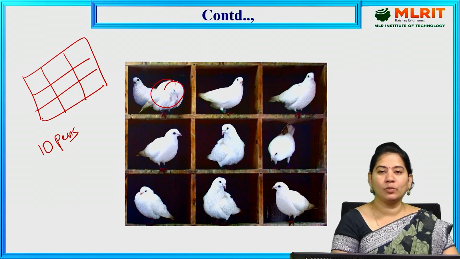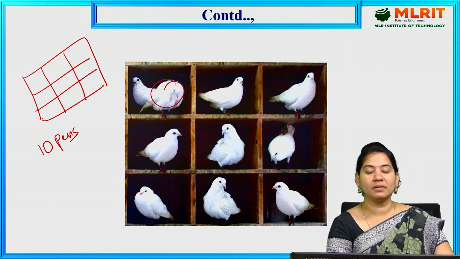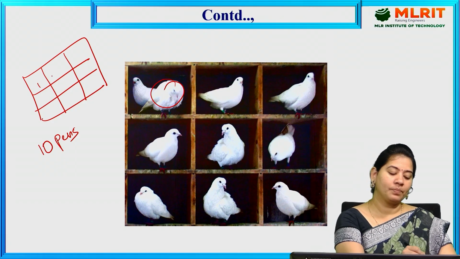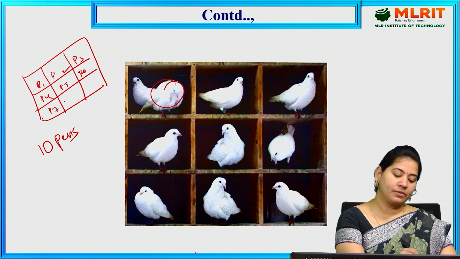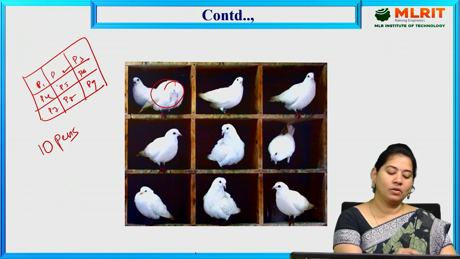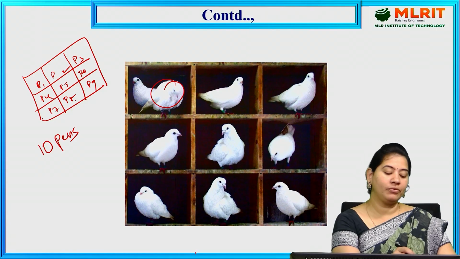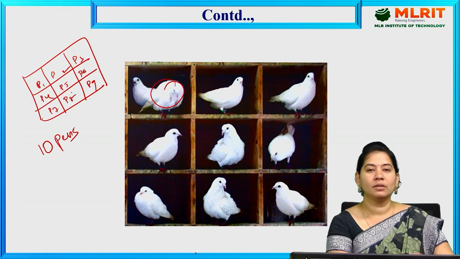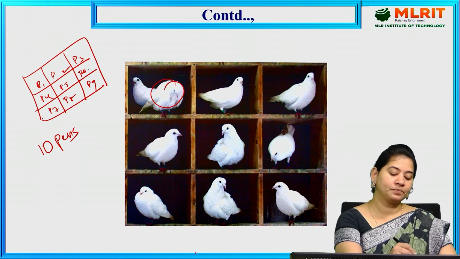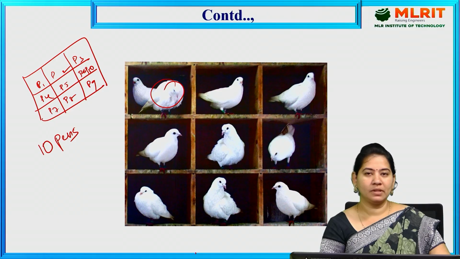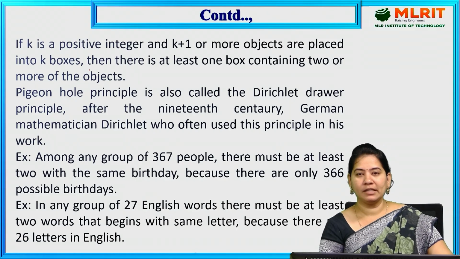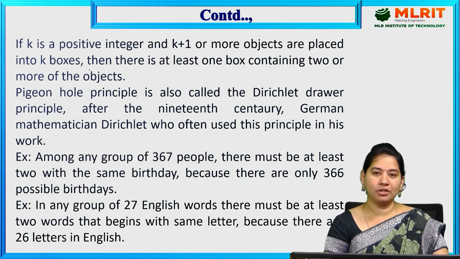Definitely, if I keep pen 1, pen 2, pen 3, pen 4, pen 5, pen 6, pen 7, pen 8, pen 9, then another pen will be left, and that pen will have to be put in one of the boxes. That means at least one box will contain 2 pens. This is how we can understand the concept with the help of the pigeonhole principle.